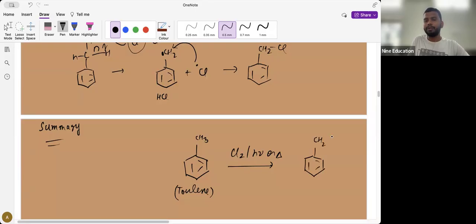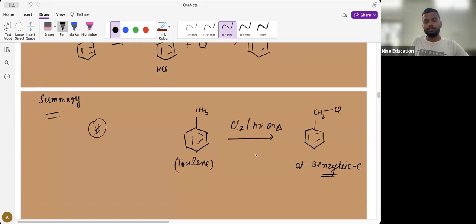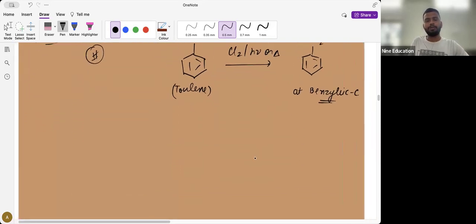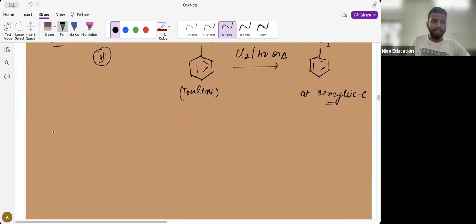We always add chlorine at the benzylic carbon. Always remember, if I am adding chlorine with H nu, this is a free radical mechanism, it will always go through this benzylic position.